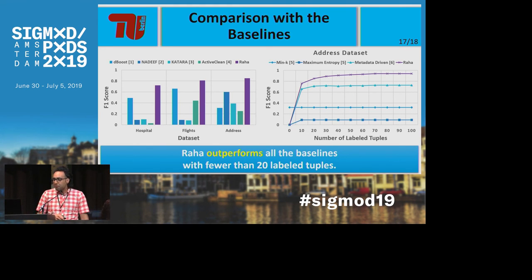As you can see, Raha quickly converges and outperforms all the other baselines, with around 20 labeled tuples. The reason for this is two things. The first is our expressive feature representation. The second is our clustering-based sampling approach and label propagation.